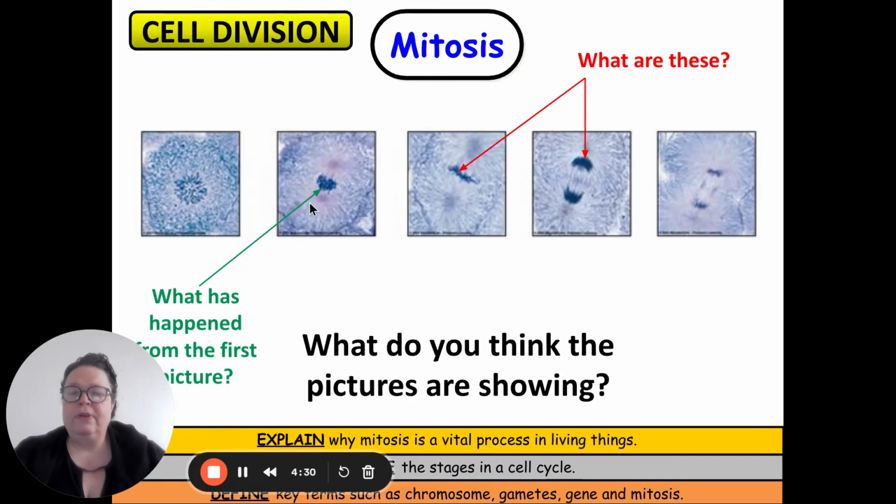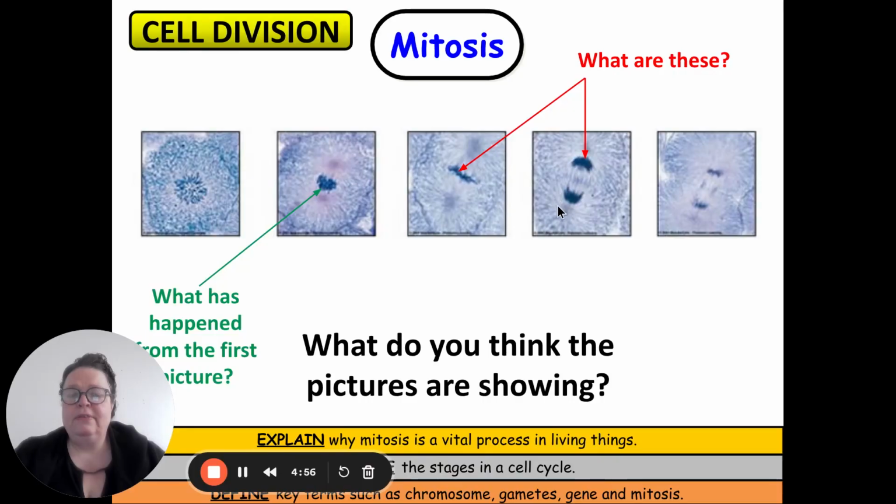All those chromosomes become visible because they coil up, and they're a lot darker when they're coiled because there's a lot more mass, and they coil up here in the middle of our cell. Now they then line up in the center of the cell here, and they pull apart in different directions.